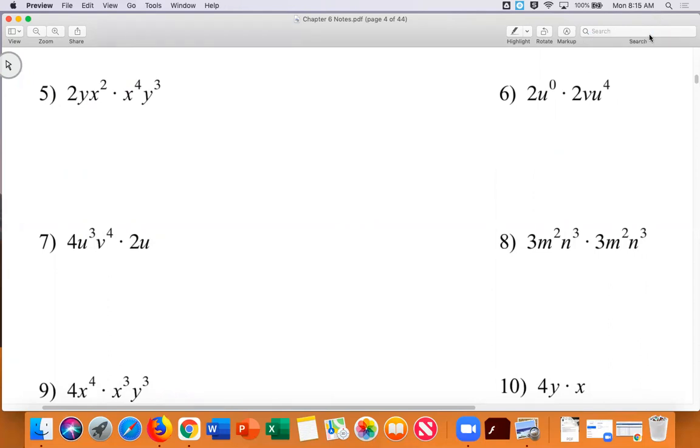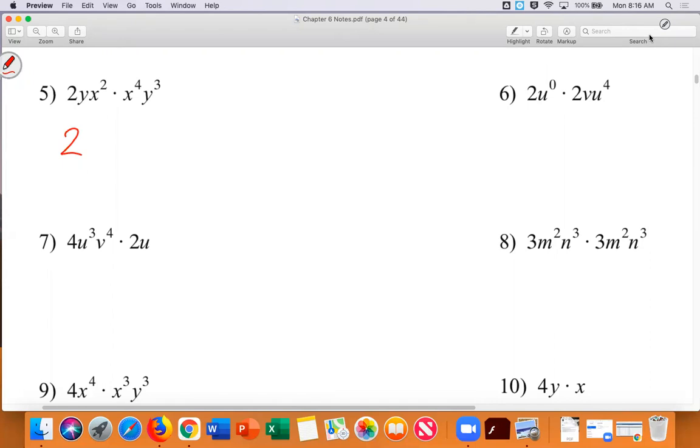All right, Hope, number 5. Do you see how I have 3 parts here? I have numbers, I have x's, and I have y's. Now the numbers are simple, right? I just have the 2. Agreed? So I'm going to start out by writing that. Now order doesn't really matter. I typically write alphabetically, but for the sake of the problem, we're going to start out with the y's.